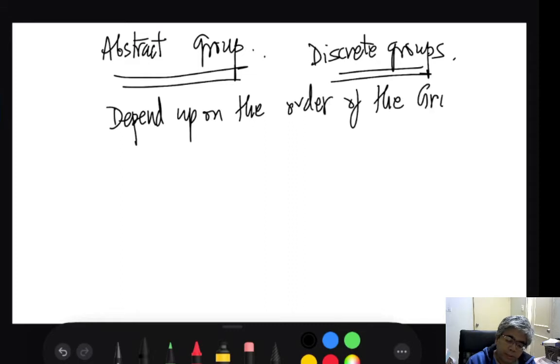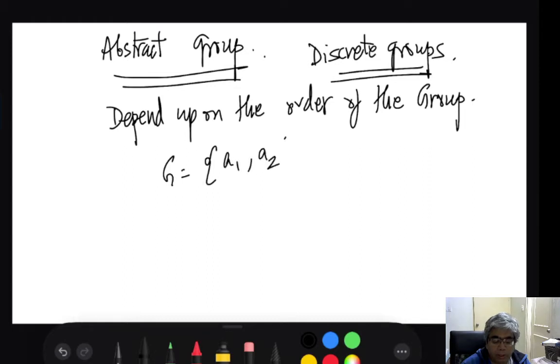For example, if you have only two elements in the group, so G is equal to A1, A2. Now, if you say it's an order 2 group, A1, A2 form a group, so what does it mean?